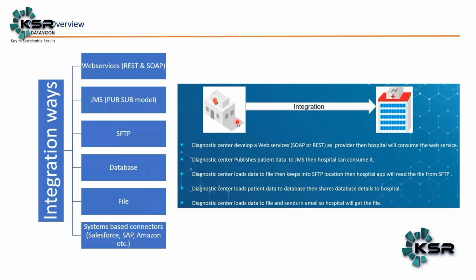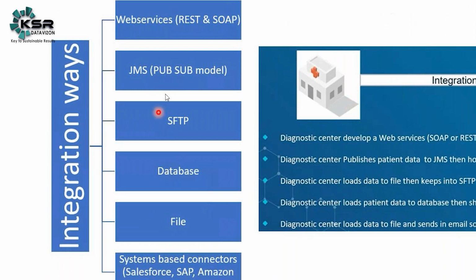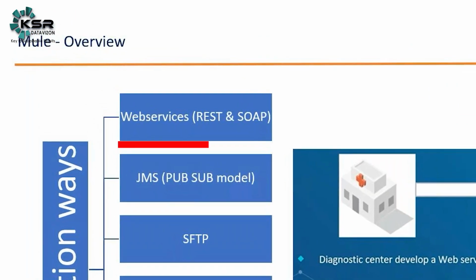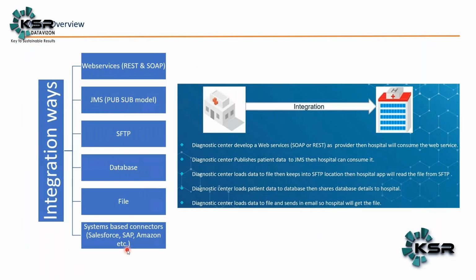What are the major integrations we will do in Mule, right? In the IT industry, these are the main things we use. First is web services. It could be SOAP or REST API integration to get the output and then integrate to our source system and then do our business logic and then generate a file.